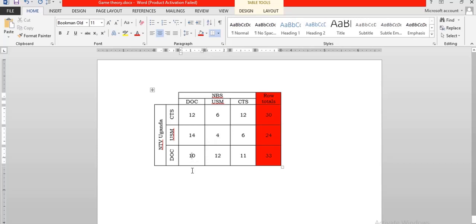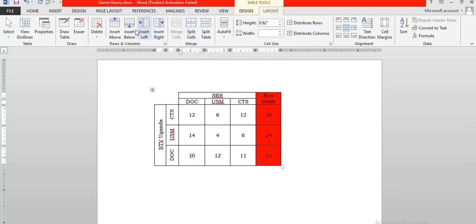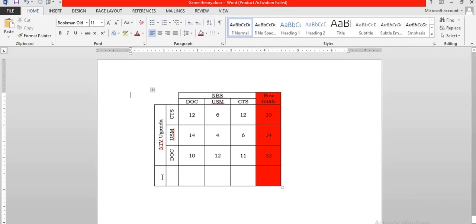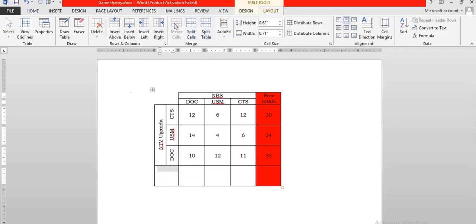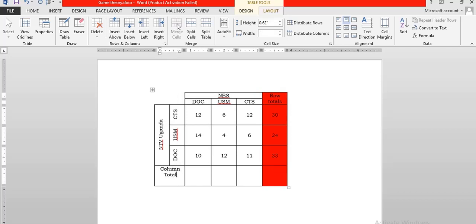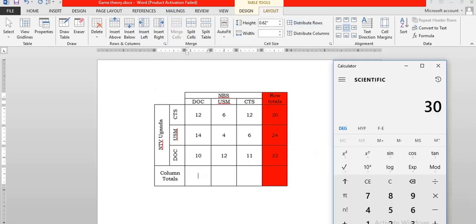Okay, so again, let's try column-wise and see if there's a dominant strategy on the column side. Okay, so column totals. Trying to find out if the column totals have an element of dominant strategy. So we shall do 12 plus 14 plus 10 gives me 36.